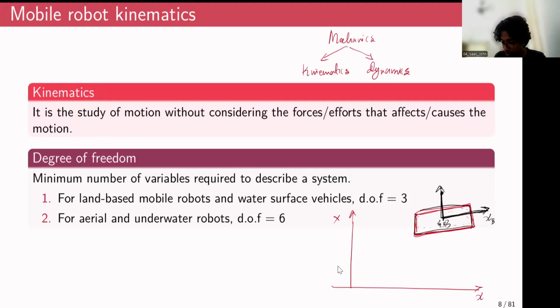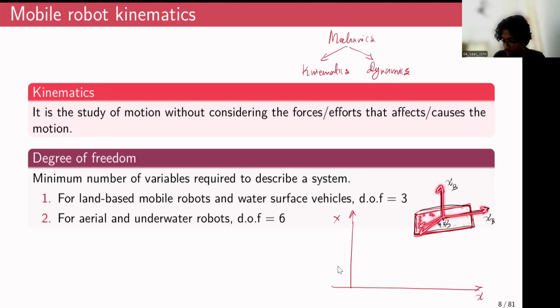If you know the position and orientation of this coordinate frame with respect to a ground fixed coordinate frame, then you can fully determine the position and orientation of each and every point, because every other point is always fixed with respect to the body fixed frame of reference.